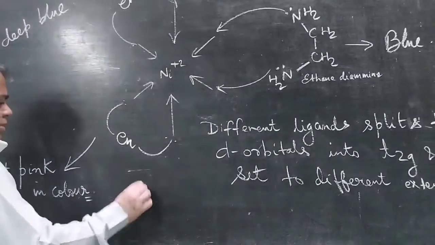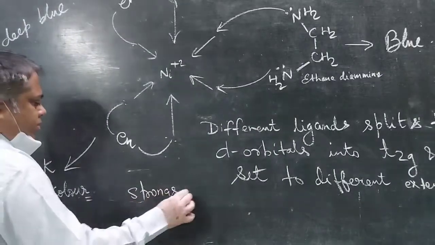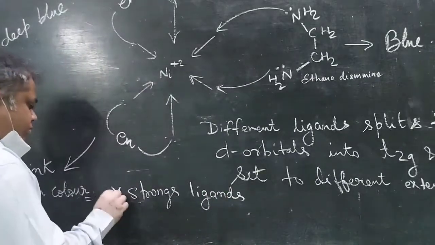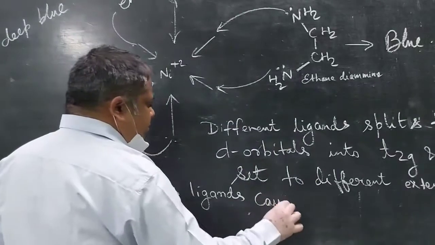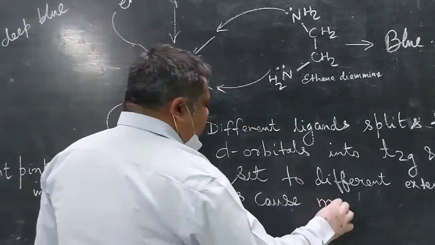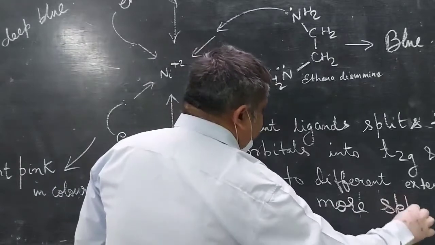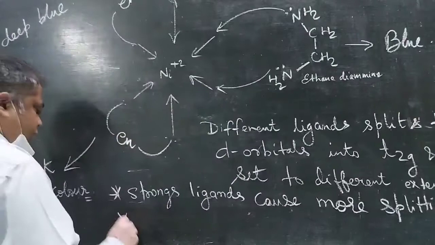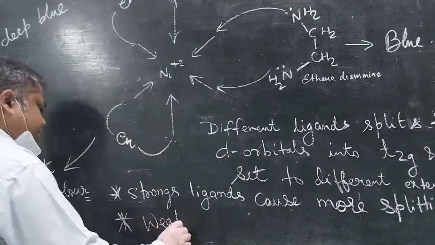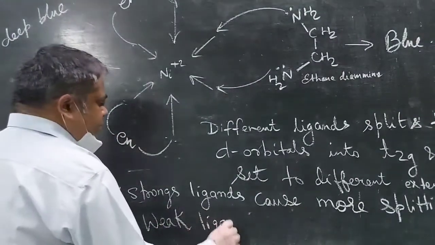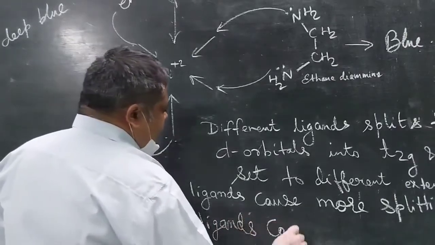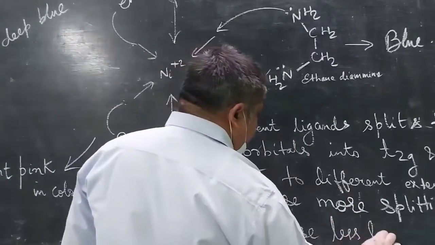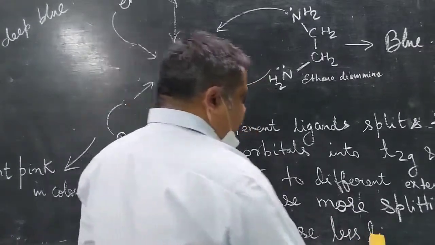So strong ligands cause more splitting, and weak ligands cause less splitting.